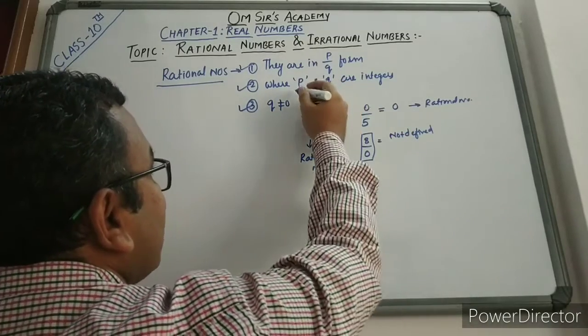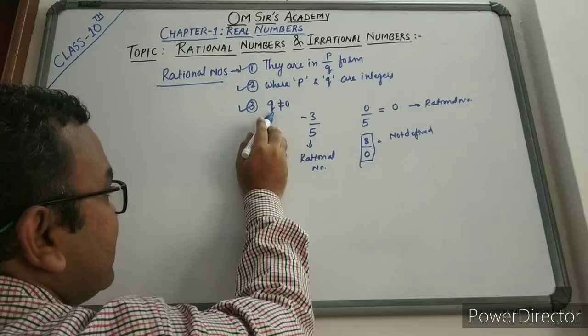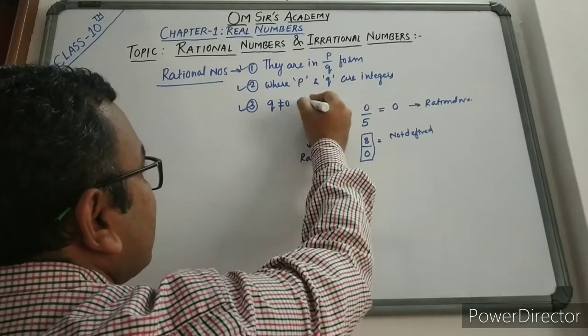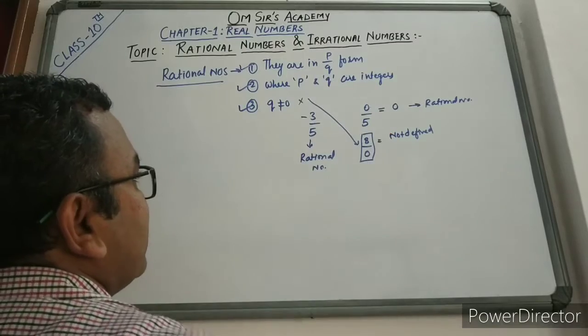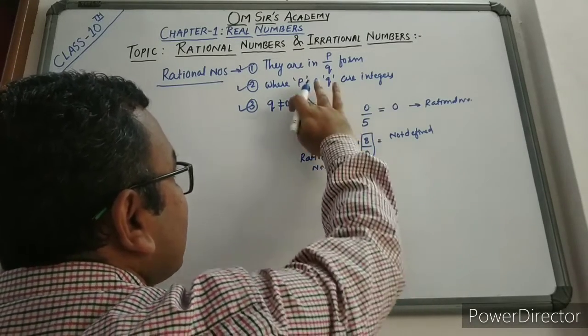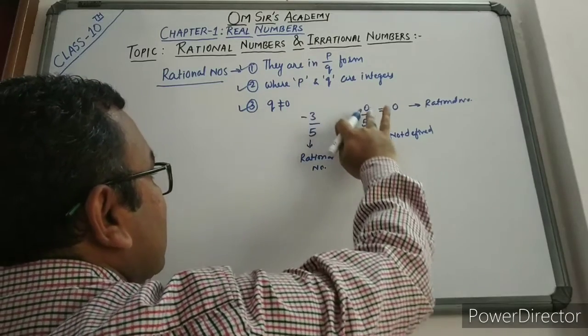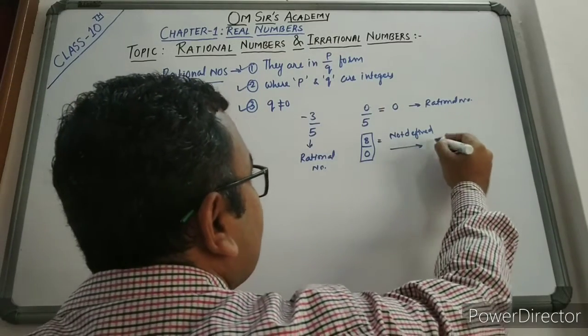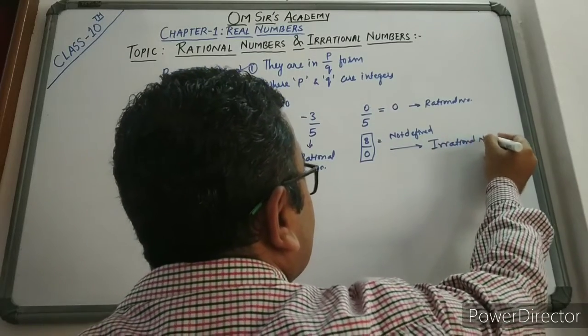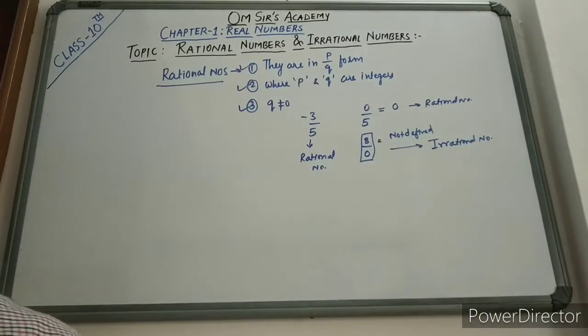Both conditions are satisfied. But the last condition, that Q should not be equal to 0, is not satisfied over here. Is it clear? Here Q is 0, so this number is called what? Irrational number. Is it clear? This cannot be called a rational number.